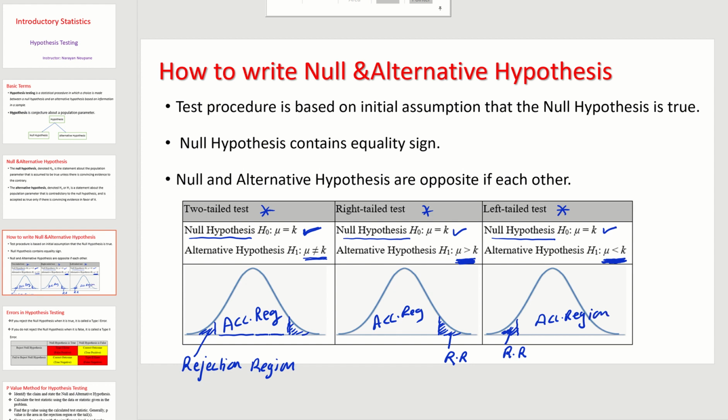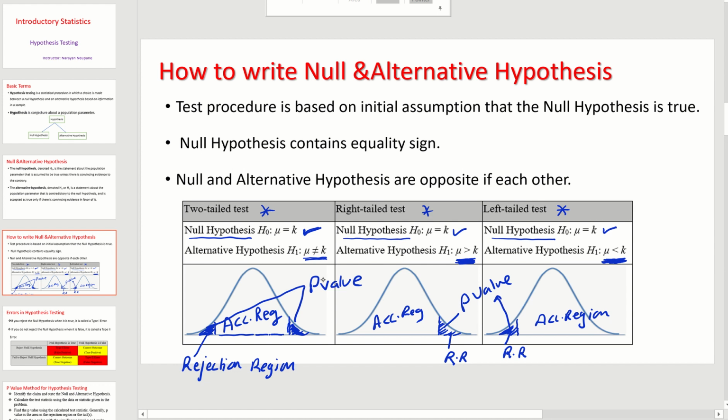Now this area on the tail, in a two tail test, this area plus this area, the total area is called the p-value. This one is also the p-value. We have the area on just one side, that is the p-value. This area over here on the left tail, that is the p-value.